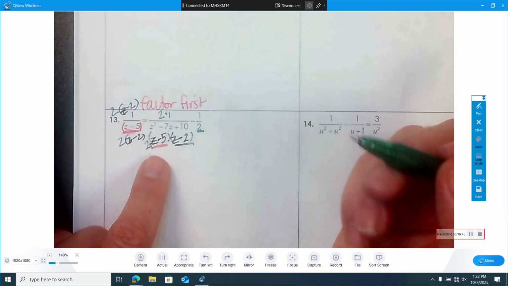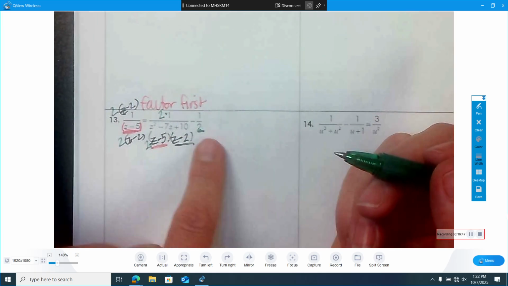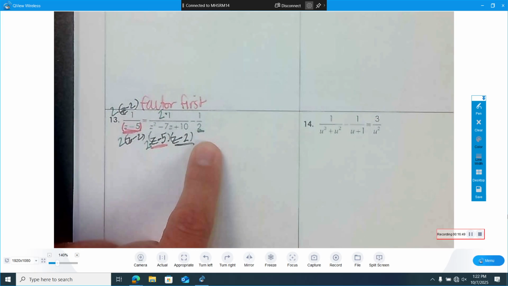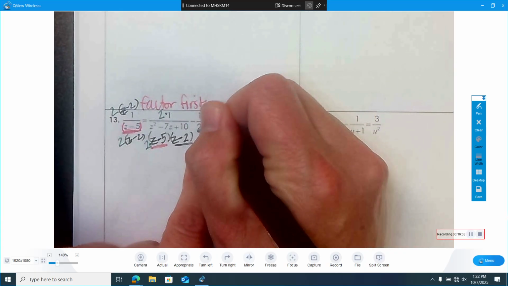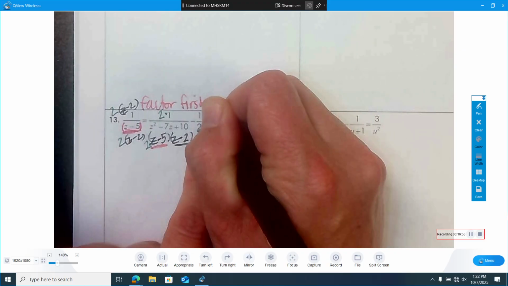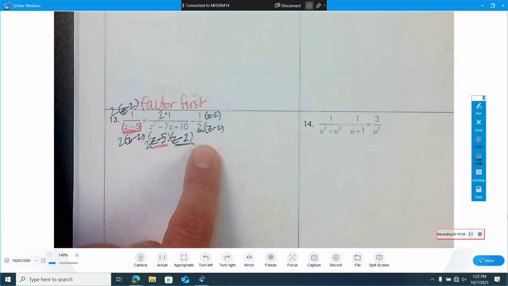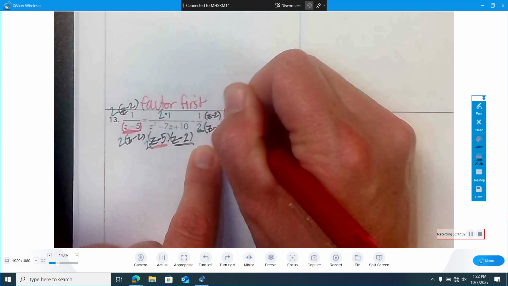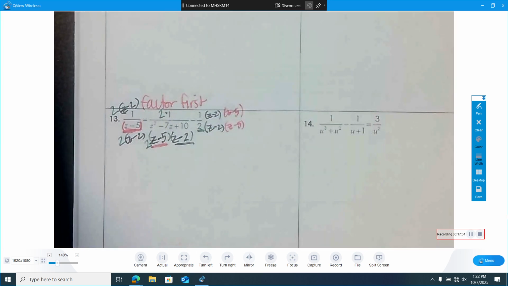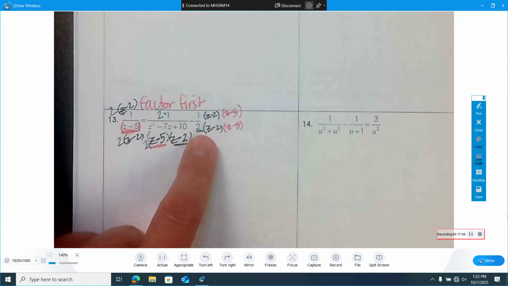So we're going to multiply top and bottom by 2. And now the last fraction needs what? Z minus 2 on top and bottom. And z minus 5 top and bottom. All right, now everything has a green and a red and a black.